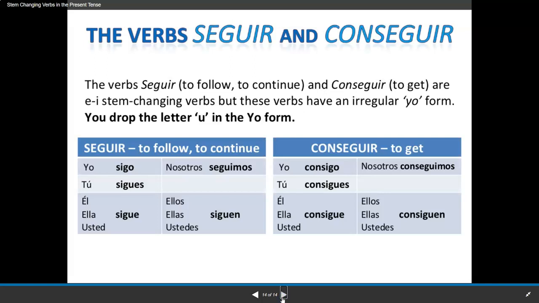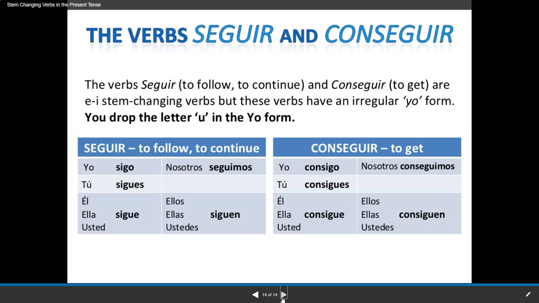Okay. So the verbs seguir and conseguir: the verb seguir is to follow or to continue. Conseguir is to get. They are E to I stem changing verbs, but these verbs have an irregular yo form. You drop the U in the yo form. Let me say that again. You drop the U in the yo form. Seguir, to follow or continue.